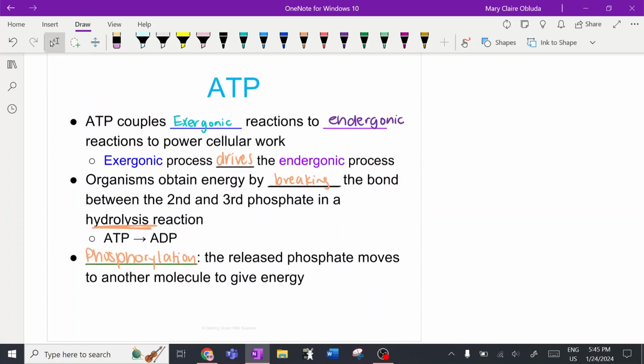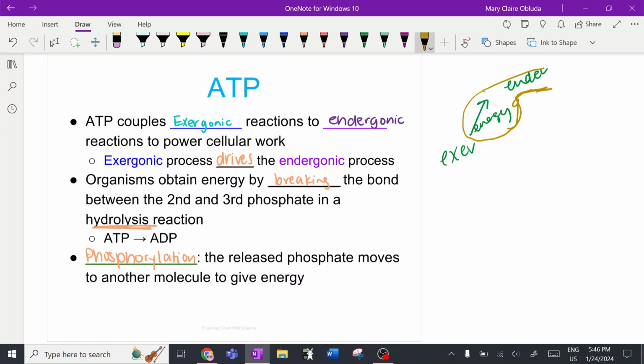ATP couples exergonic reactions, so release of energy, to endergonic reactions in order to do cellular work. So when an exergonic process releases energy, this is energy being released. The endergonic process, which requires energy, takes this energy and is able to do its work, if that makes sense.